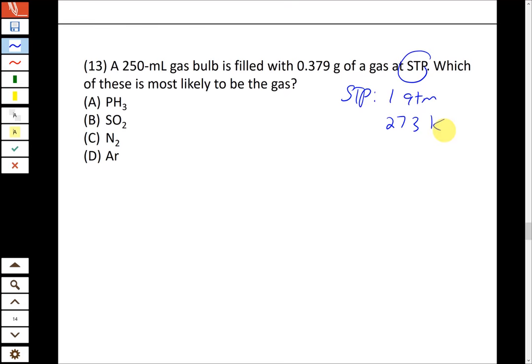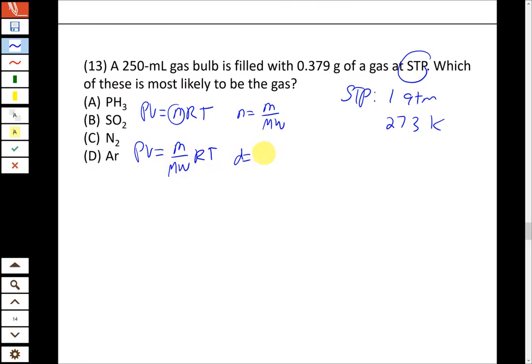There's going to be two ways that we can do this problem. One would be to set up the density equation, where we start with PV equals nRT as we always do in this chapter. We rewrite number of moles in terms of mass divided by molar mass. Then pressure times volume is equal to mass over molar mass times RT.